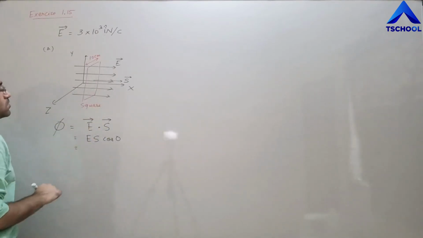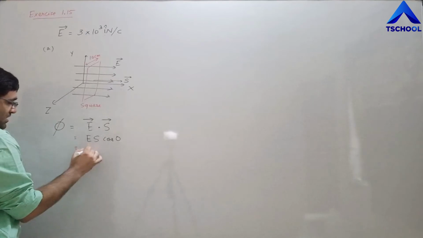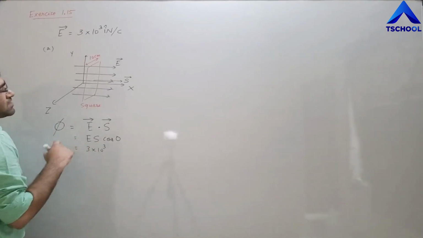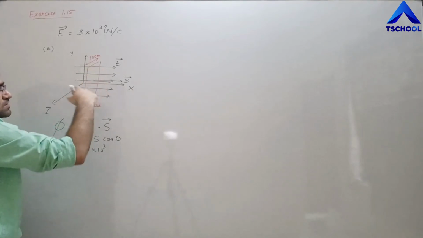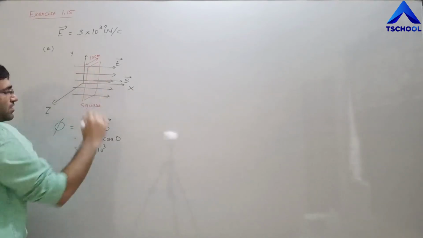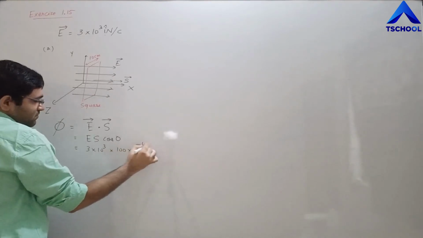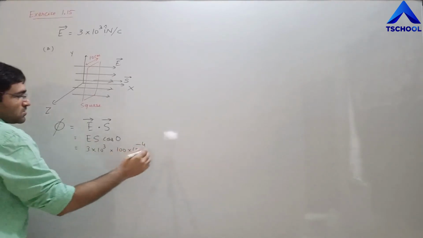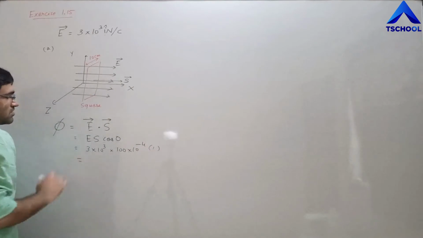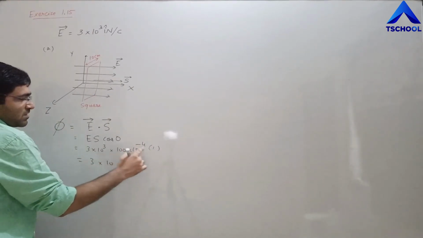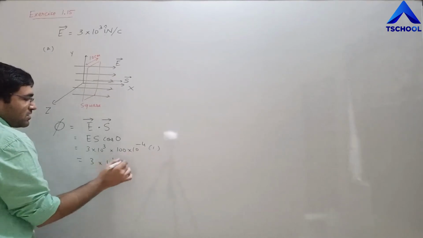So E's value is 3 into 10 raised to 3. S, that is the magnitude of the area vector, is 100 centimeter square, so that is 100 into 10 raised to minus 4, and cos 0 is obviously 1. So this will give us 3 into 10 raised to 3 minus 4 minus 1 plus 1, that is 3 into 10 raised to 1.